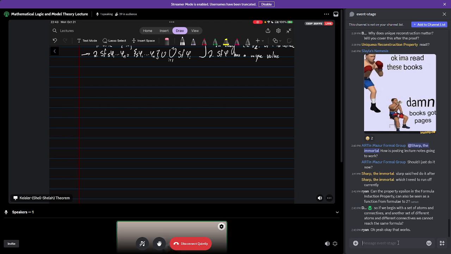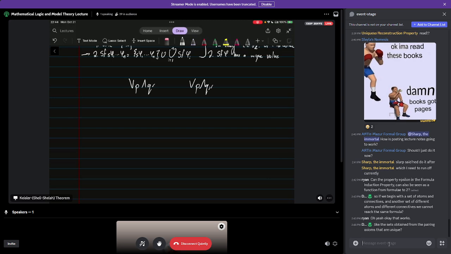If I have P or Q, or here, maybe, P or (Q and R), I know how I got there: I started with Q, R, I added an and before them, then I took a P and I added an or before it. I know exactly how I got there. There's no two ways to get there. They're not sets, they're formulas.